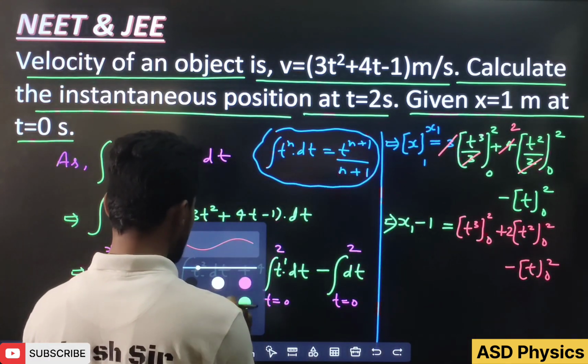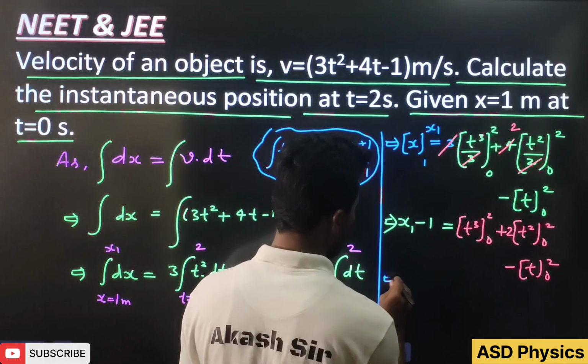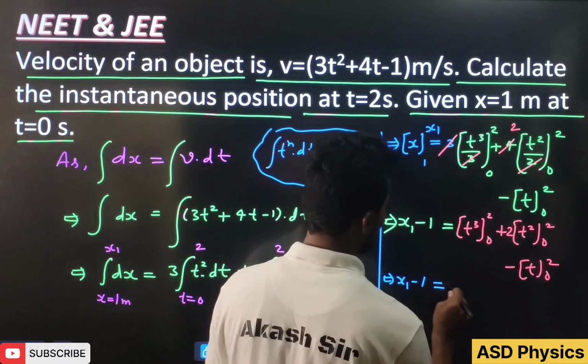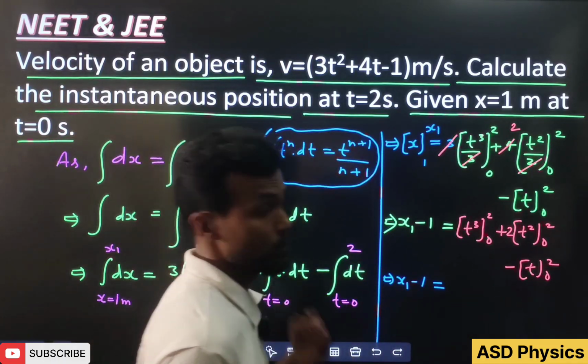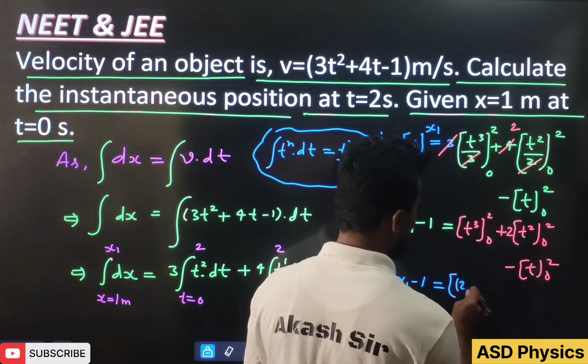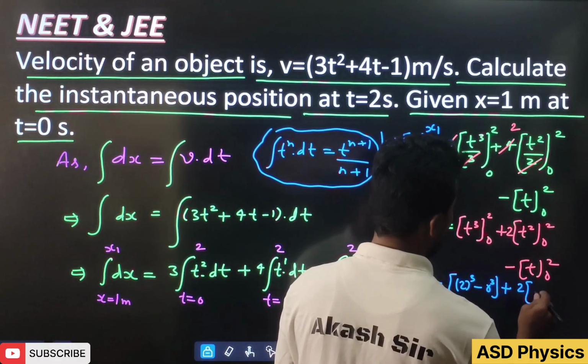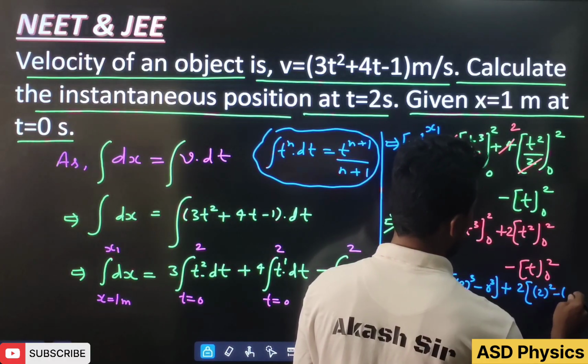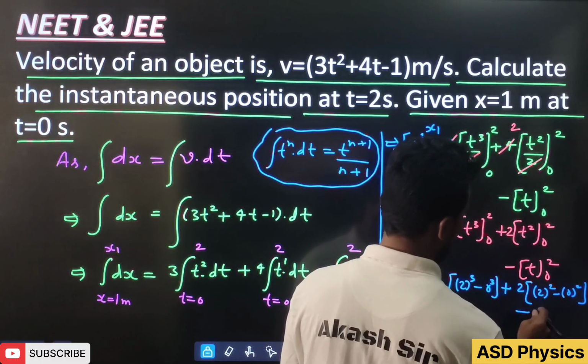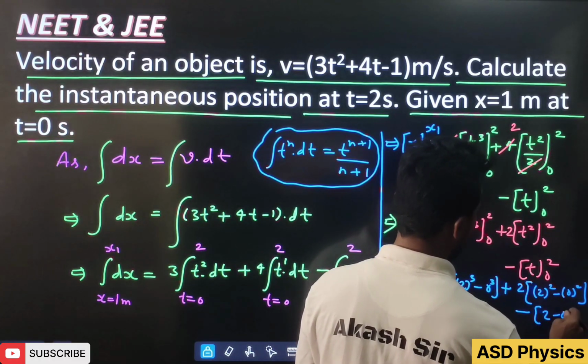Here a mistake may happen, but I will try my best so that the mistake should not happen. So x1 minus 1 is equal to: first upper limit, 2 cube minus 0 cube, plus 2 times 2 square minus 0 square, minus upper limit 2 minus 0.